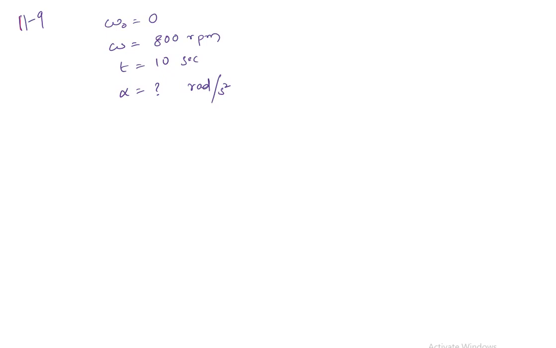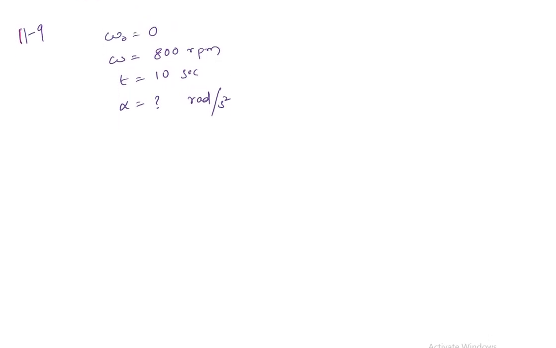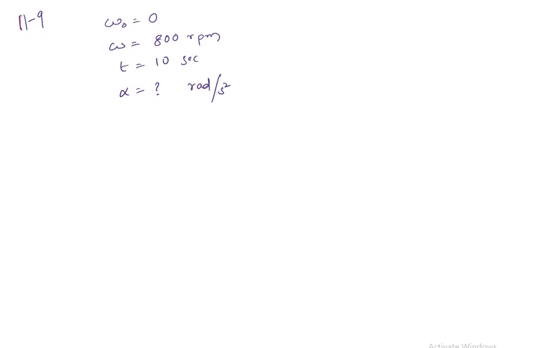RPM means revolutions per minute. So we always have to convert that to radians per second. So 800 RPM means what? This shaft is turning 800 revolutions in 1 minute.